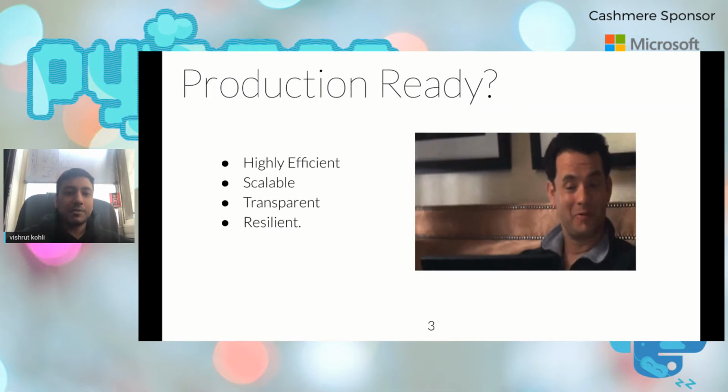So, today we are going to see how to build a production ready distributed task queue management system with Celery. When I say production ready, I mean four things. It's highly efficient, it is scalable, it is transparent, and it is resilient.